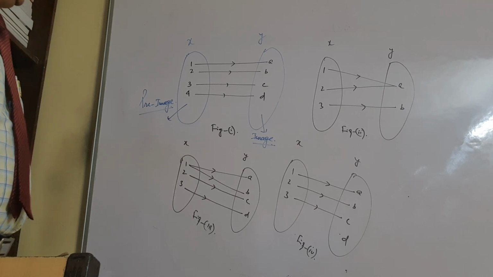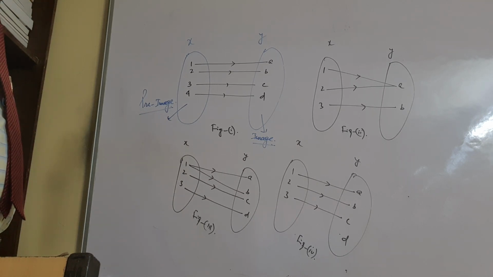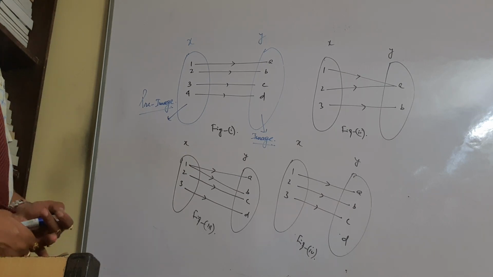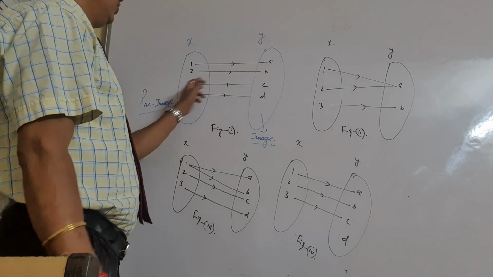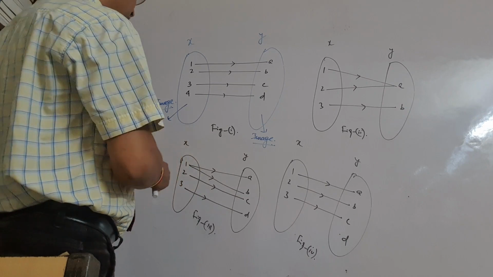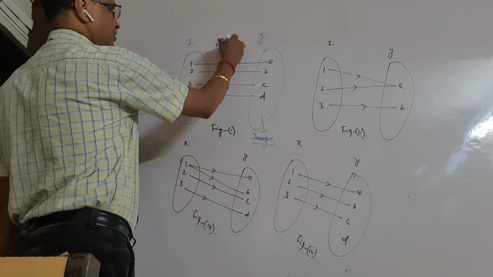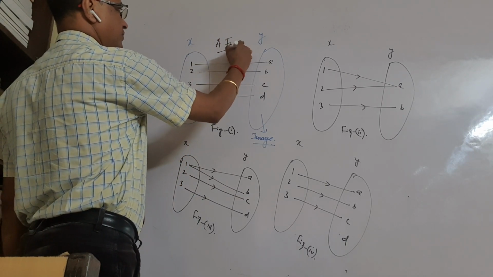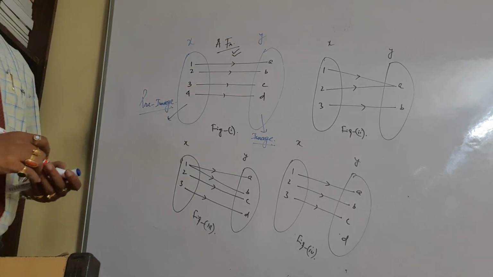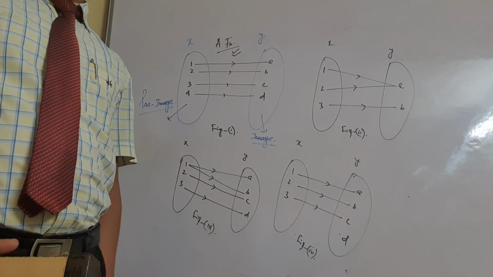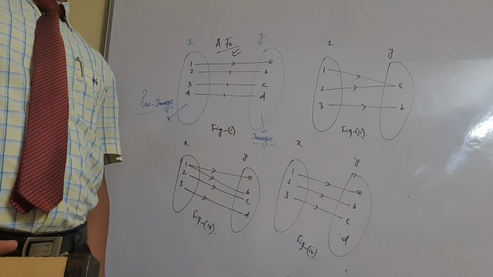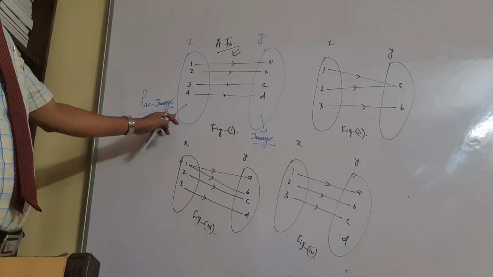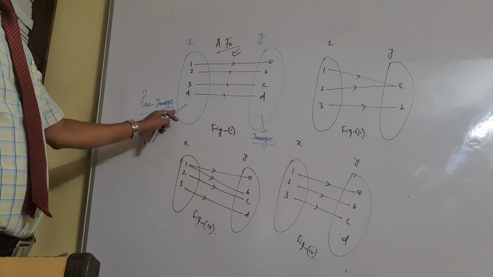If you see carefully figure number 1, each element in X has a unique image in Y. 1A, 2B, 3C, 4D. So clear cut, this is a function. And if it is a function, it is a relation also, because all functions are relations, but all relations need not be a function. So this is clearly function as well as relation.